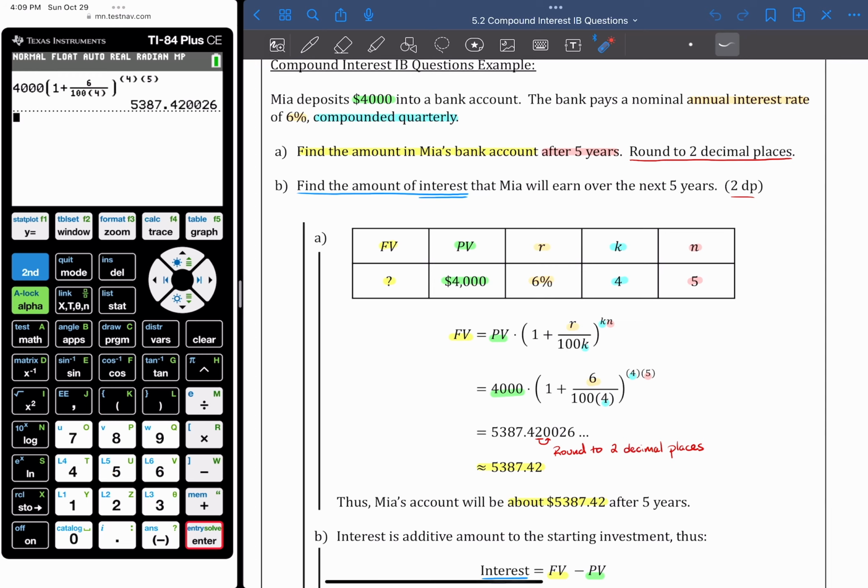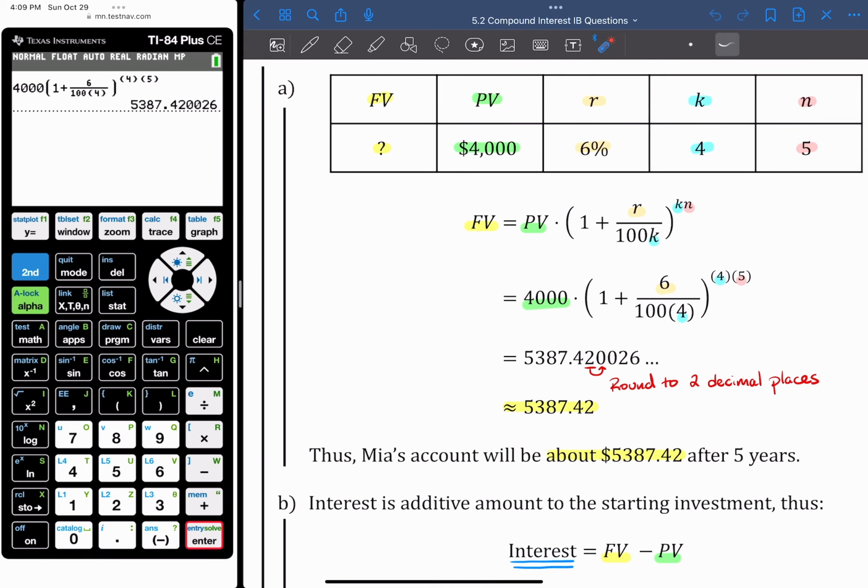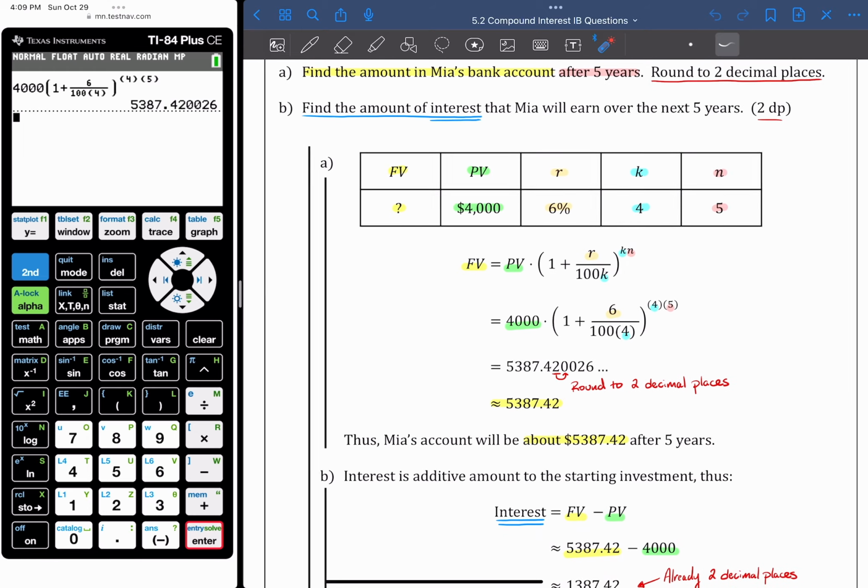And I get that value, which, when I round to 2 decimal places, I'm looking at the second decimal place, look to the number right of it, and that 2 is going to stay the same. So roughly, she's going to have $5,387.42 in her account after 5 years.